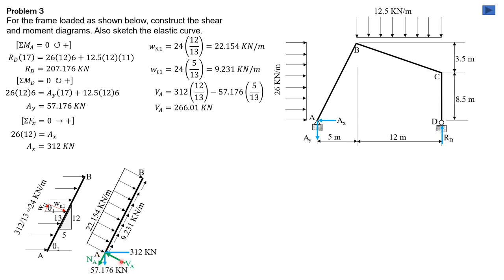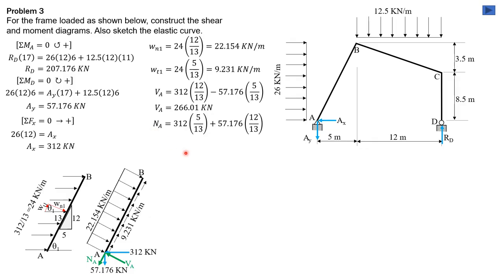Then NA: the component of 312 is going down, same as NA, and the component of 57.176 is also going down, same as NA. So therefore, NA is equal to 312 times 5 over 13 plus 57.176 times 12 over 13. So it is cosine for the 312 and sine for the 57.176.